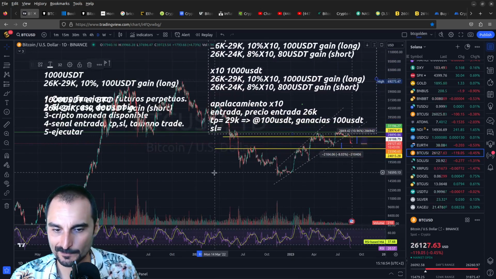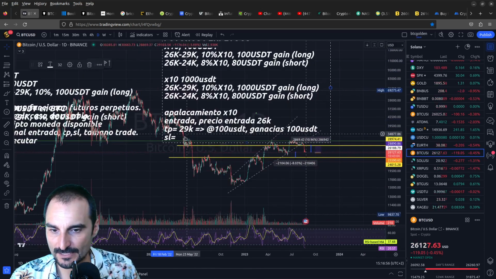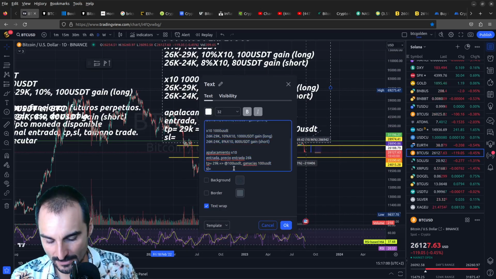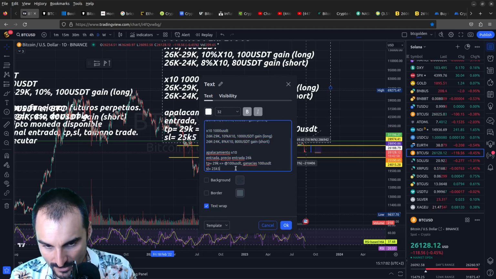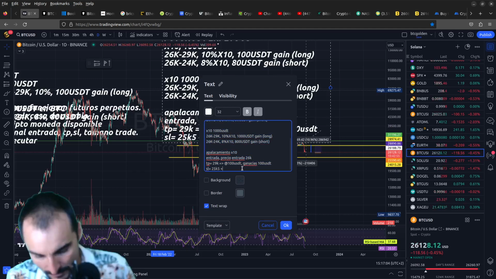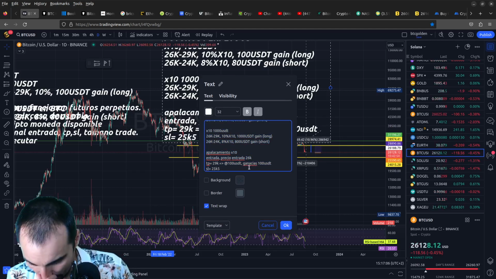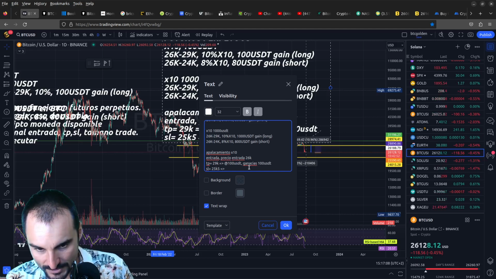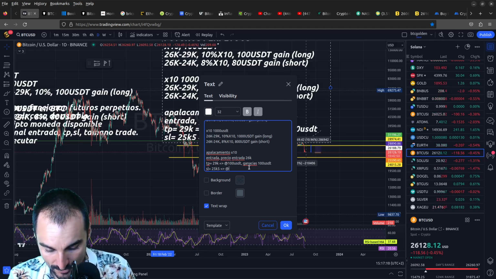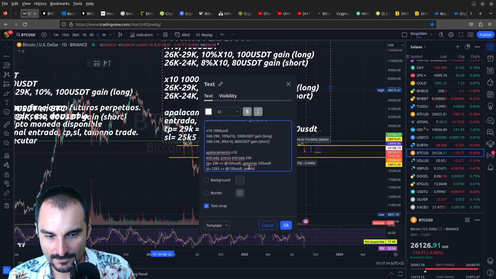And what would be the losses? Well, look, if we put 25,500 in this case, we are going to use simple numbers. We have said that it would be 2% with $100. The losses would be 2%, which multiplied by 10 would be 20%. Of $100, it would be $20.